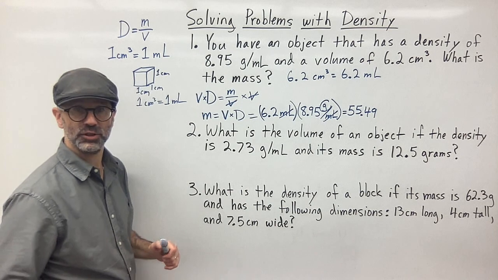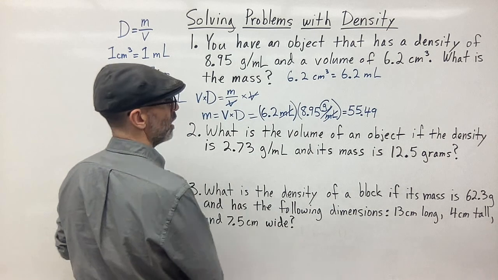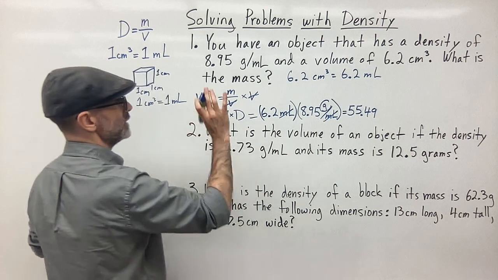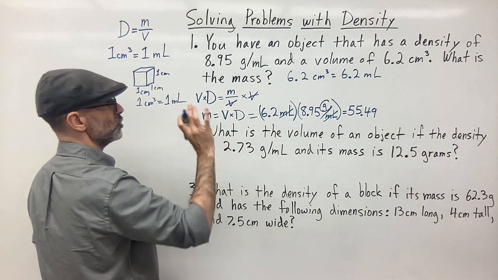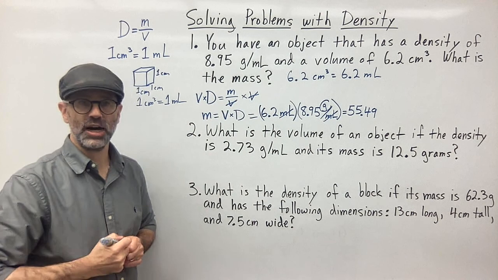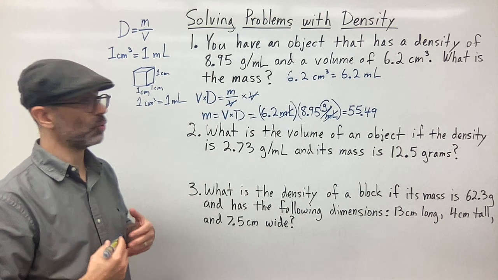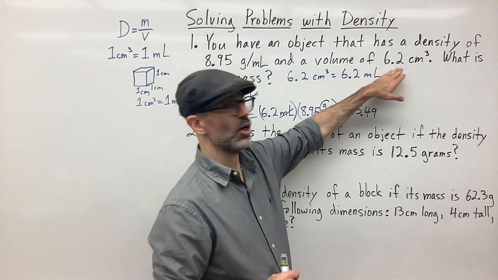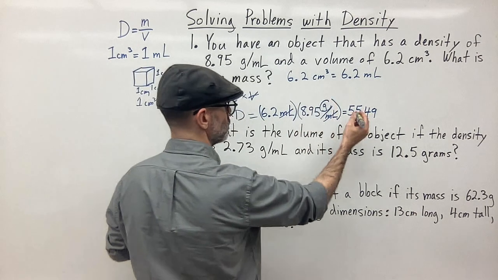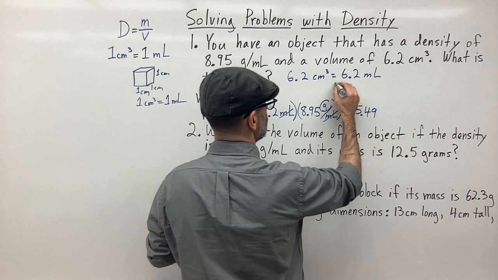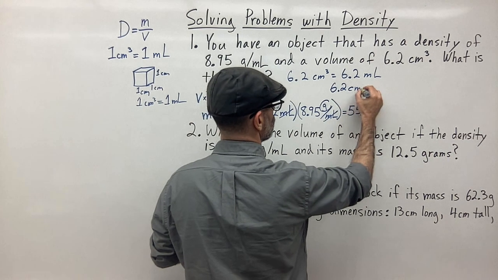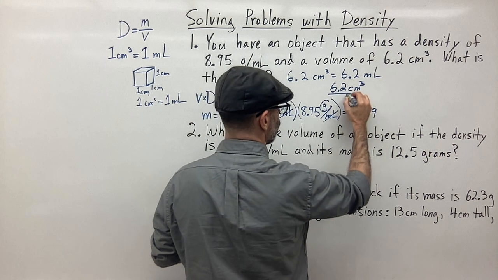Just to give myself some room, I think I can do it here. Since my density can be used as a conversion factor, I'm not going to start with that. I'm going to start with the other thing they give me, which is the volume: 6.2 centimeters cubed, and I'll put that over 1.